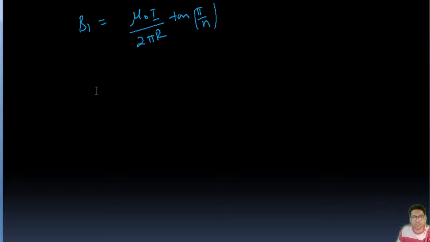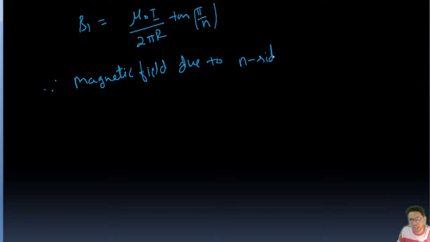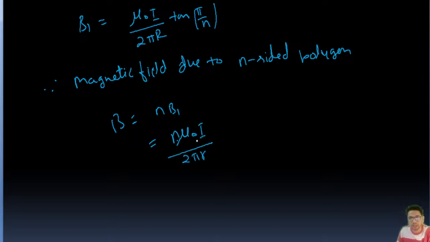Now this is for one side. Therefore, the magnetic field due to an n-sided polygon is B equals n B1, so this is going to be mu0 n I upon 2 pi R tan pi by n. Okay, so this is the answer.